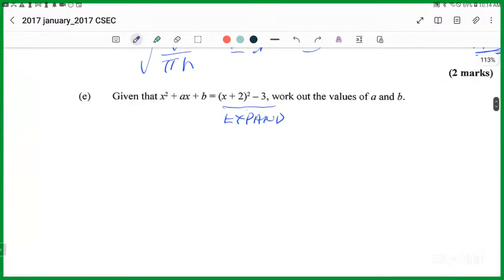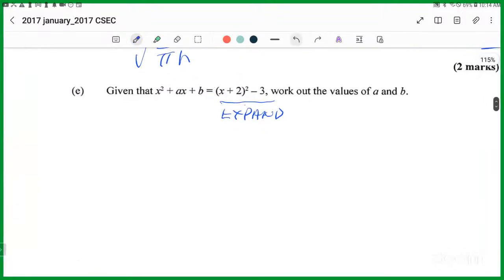I want to expand the perfect square here first. So x squared plus ax plus b would be the same as, I'm going to expand this first and then minus the 3. When we expand a perfect square, remember, it's the first term squared, which is x squared.